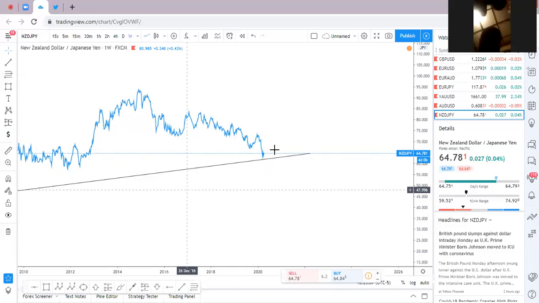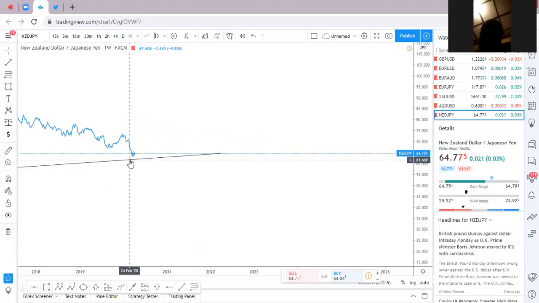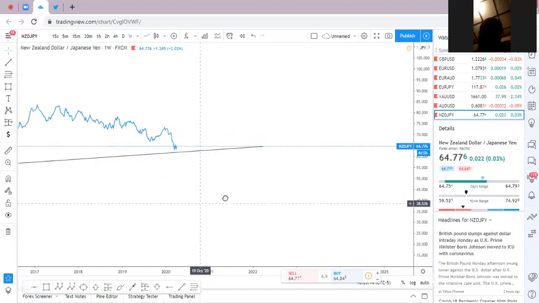As you can see, it's shooting up already. Rejection on that trend line. So it's shooting up.